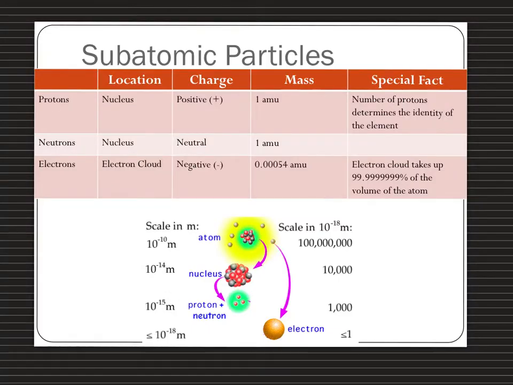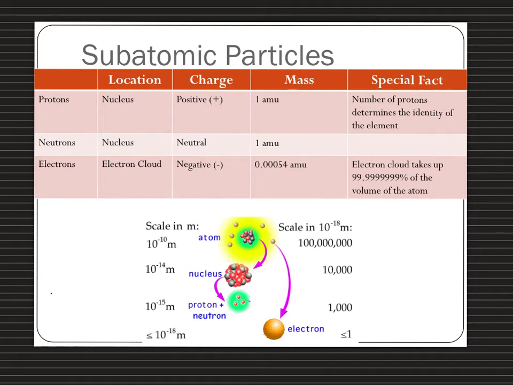Okay, so subatomic particles. The proton is located in the nucleus, has a positive charge, and the mass of it is what we call an atomic mass unit. It's so very small that we just give them 1 AMU to make it a relative mass, how it compares to the masses of the other subatomic particles.